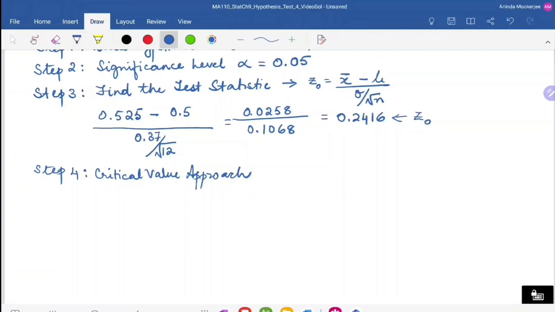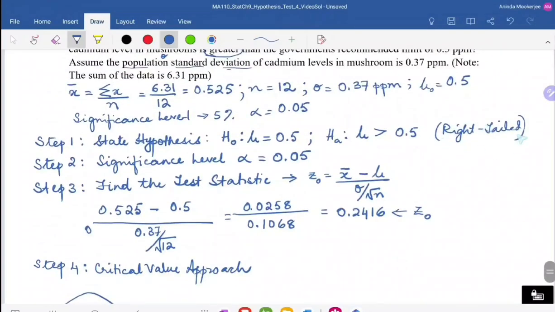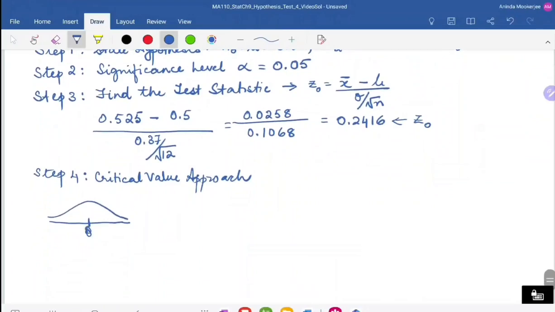So let's start with a diagram. Always start with a diagram. Here we have our normal curve, and at the center of the curve is the null hypothesis mean, and its z value is 0, correct? And because it's a right tail test, our reject region is going to fall on the right hand side of the curve.